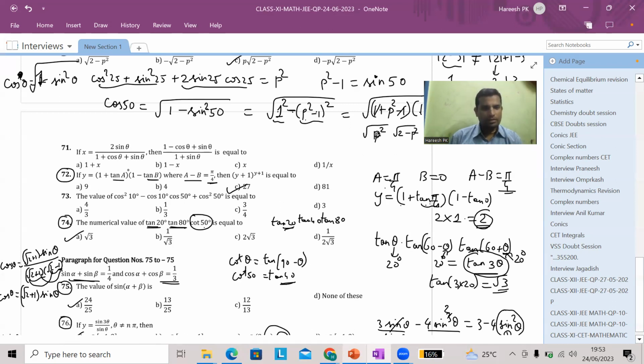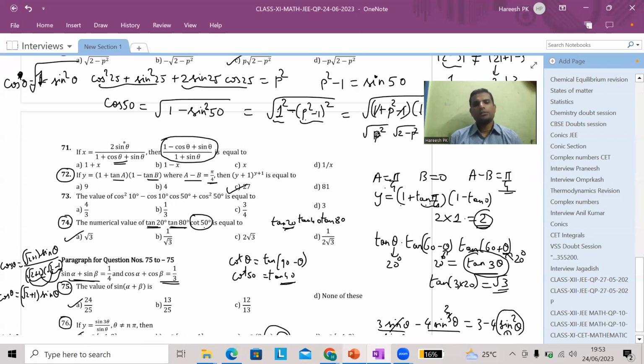So let's try solving it. So how do we solve it? We'll have to try to rationalize, or try to bring this in this form. Okay, so I need 2 sine theta, isn't it?